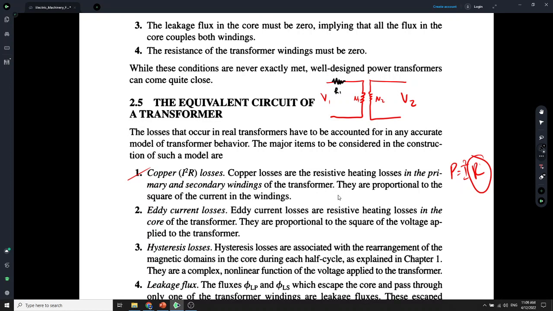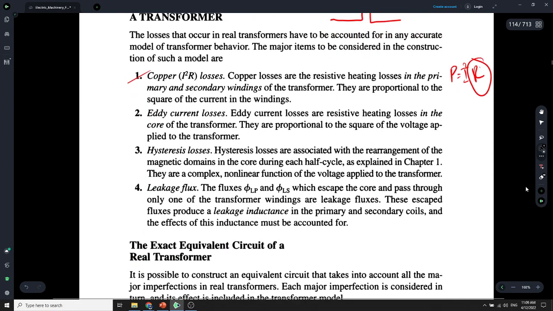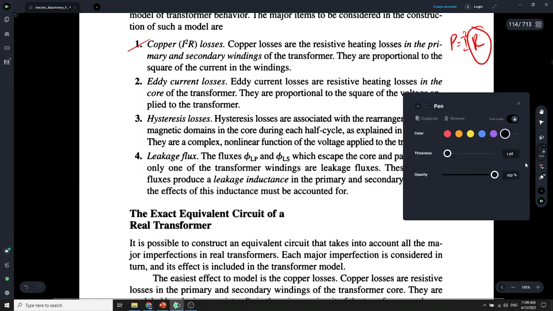And then for the eddy current and hysteresis, there will be another branch, like a parallel one.